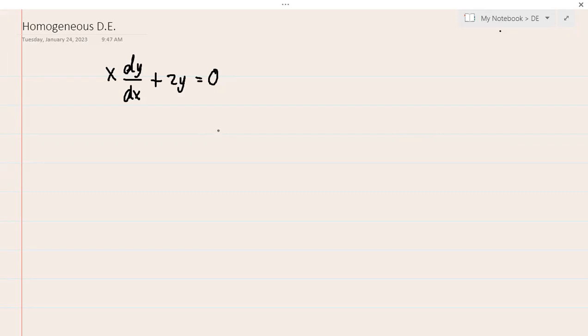Otherwise, non-homogeneous na yan. Kapag meron tayong differential equation, first order siya, tapos ganito yung tsura niya, sabi natin x minus y dx minus y plus x times dy.